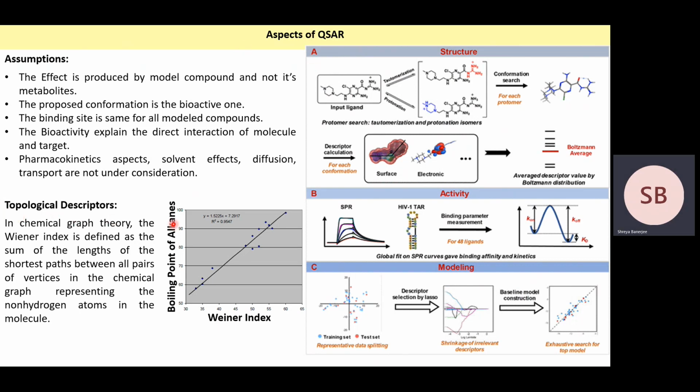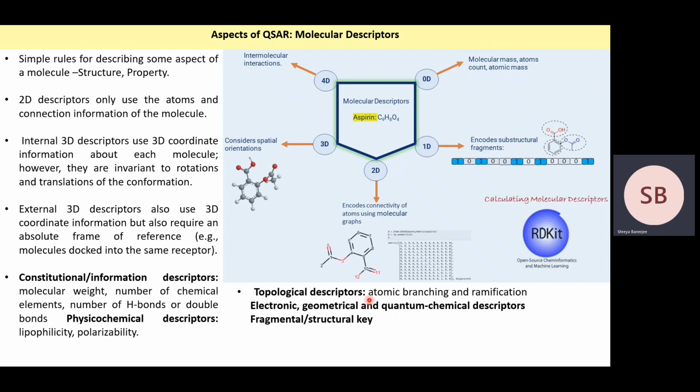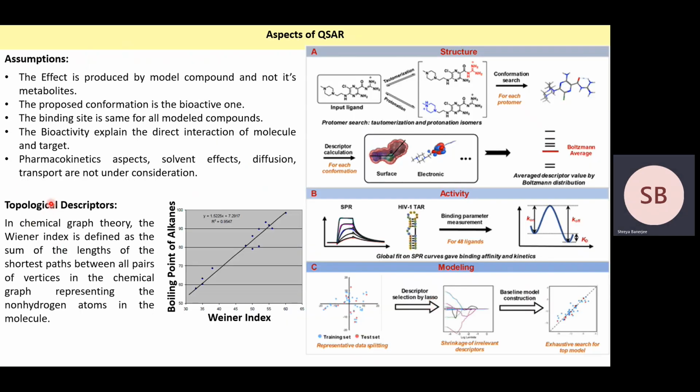Now, topological descriptors, we learned about this in the previous slide. Topological descriptors define the atomic branching. There's a certain aspect of topological descriptors that we need to go into more depth about. In chemical graph theory, the Wiener index is defined as the sum of the lengths of the shortest paths between all pairs of vertices in the chemical graph, representing the non-hydrogen atoms in the molecule.